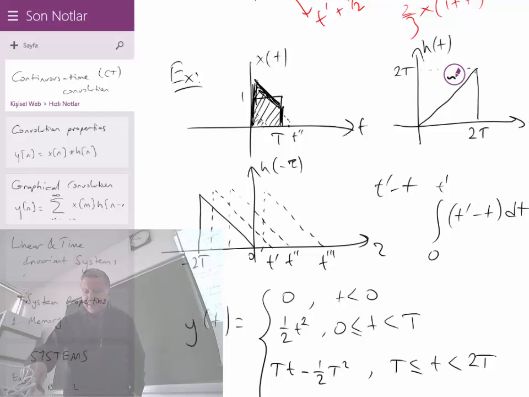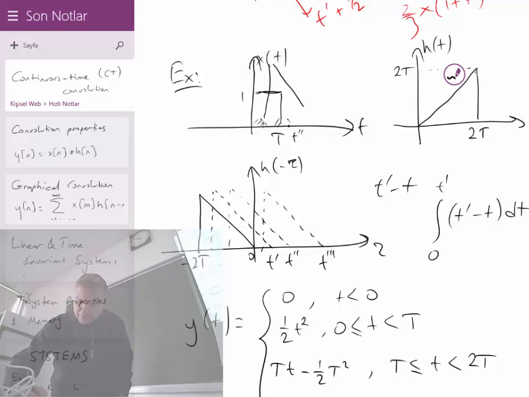This t triple prime, when it is intersected with this function, will be something like this, and the intersection will be this shape that I'm drawing now, and you have to find the area underneath this.